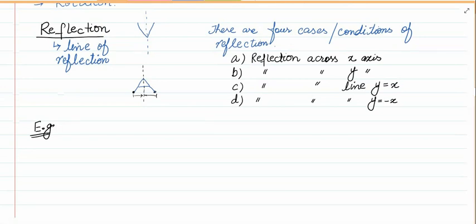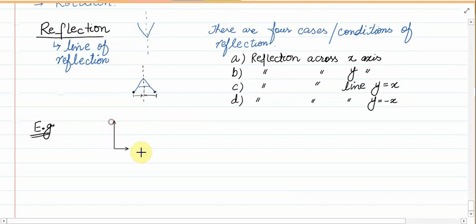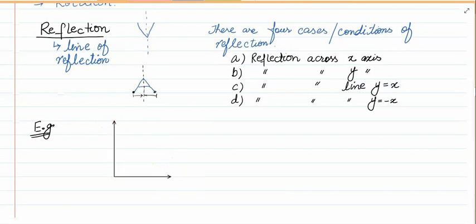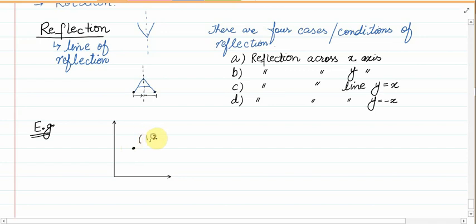Now let's suppose on a piece of graph paper, I have a point, let's say coordinates are 1 and 2. Here is 1 and this one is 2. This is my x-axis and this is my y-axis.